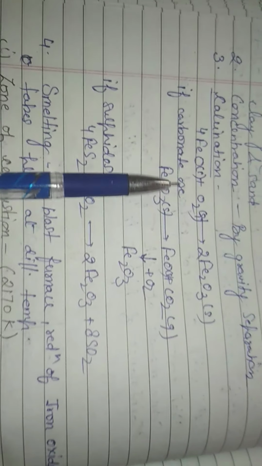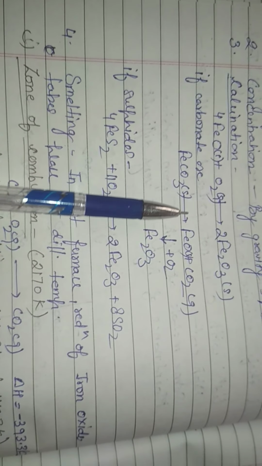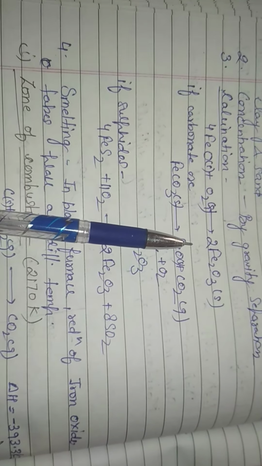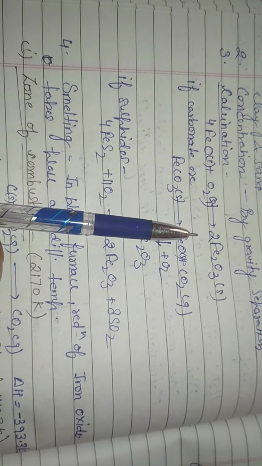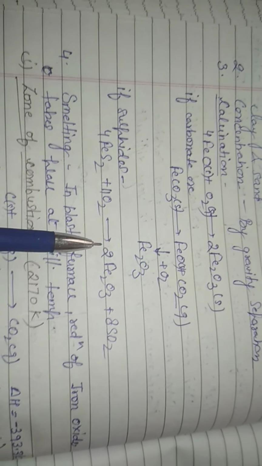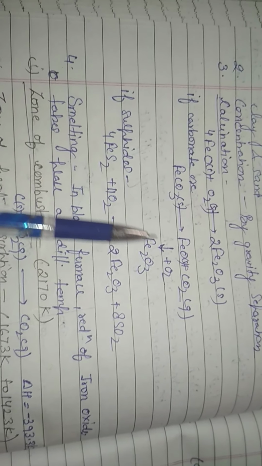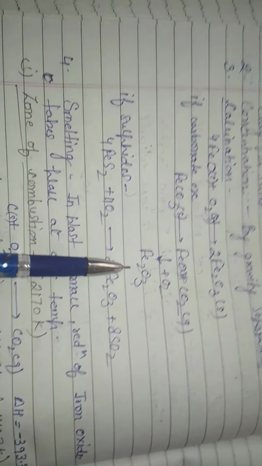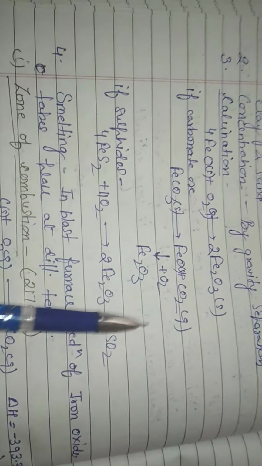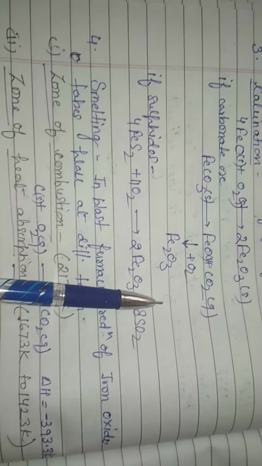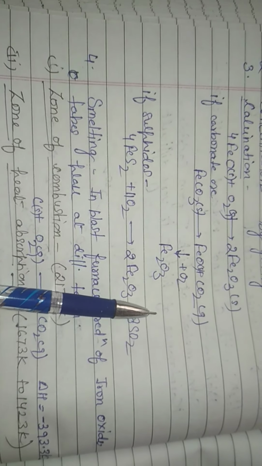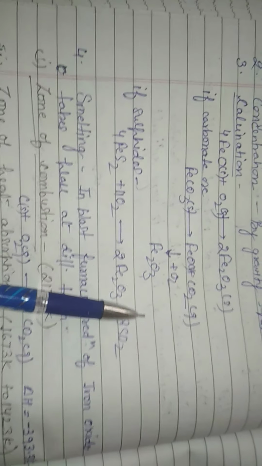Second, the non-volatile impurities such as phosphorus, arsenic, antimony, or manganese are oxidized into their oxides to give volatile oxides and can be removed.